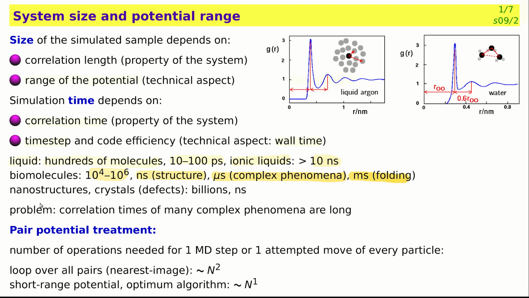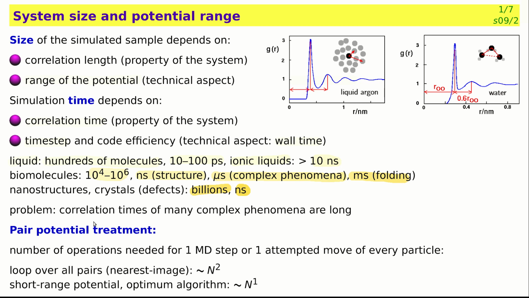For different nanostructures, crystal defects, and such stuff, we may need billions of particles, for example, for these crystals, but the simulation times may be very roughly nanoseconds. Of course, there is a principal problem here. The larger system, the longer the correlation time.